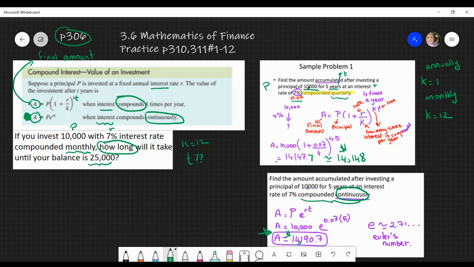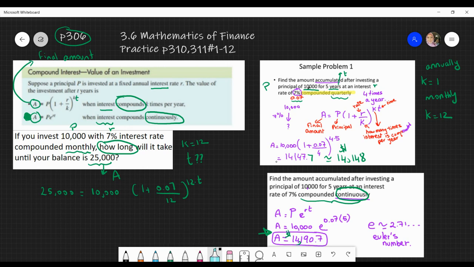How long, so the time is unknown, will it take for your balance to be 25,000, and that's the final amount. So 25,000 will equal, I'm using the top equation because it doesn't say compounded continuously, the R is 0.07, the K is 12, and T is the unknown.